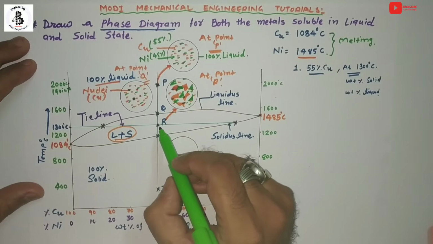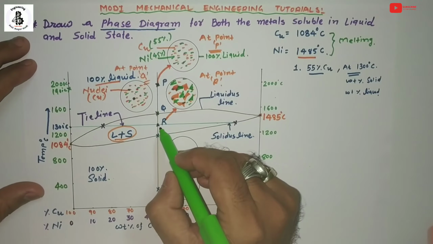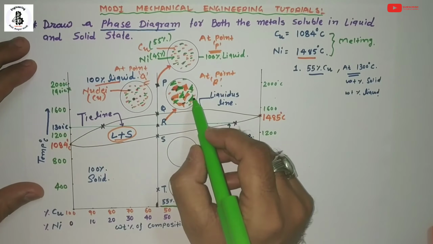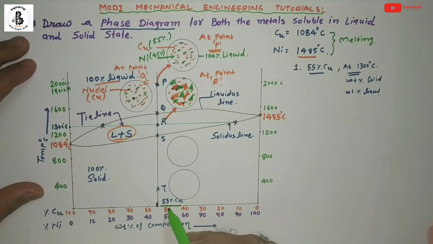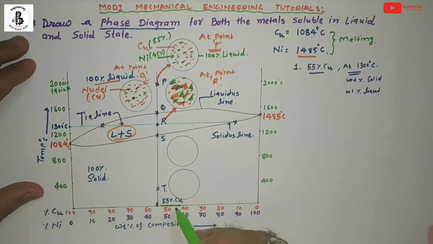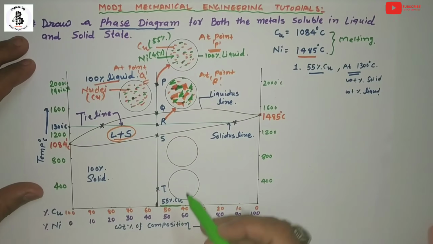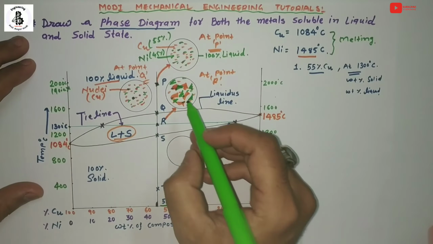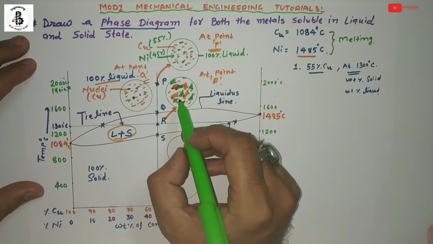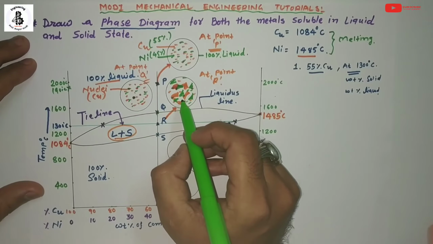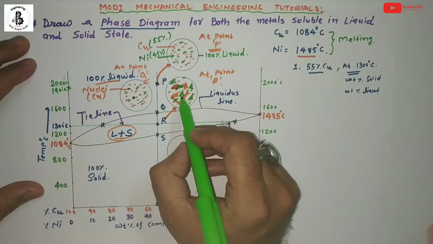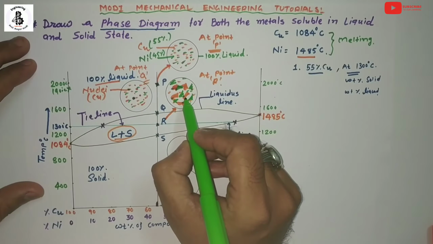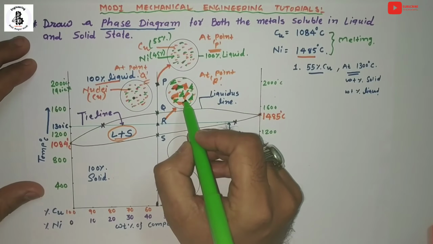How much percentage of solid and how much percentage of liquid there is at point R, with respect to the 55% copper and 45% nickel, will be found later on with the help of the lever arm rule. But here you can see that almost 40 to 55% of the solidification process has been completed for the copper and nickel.